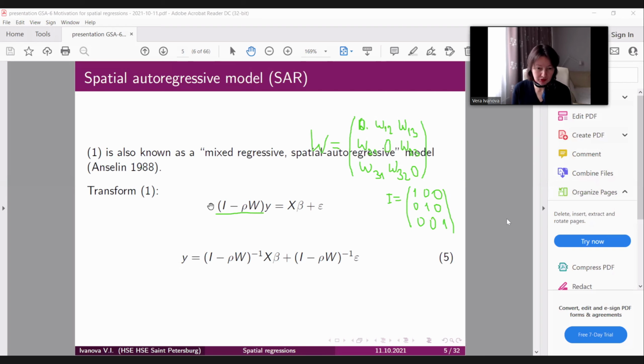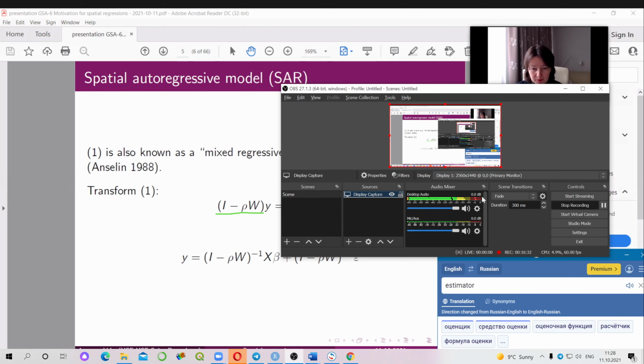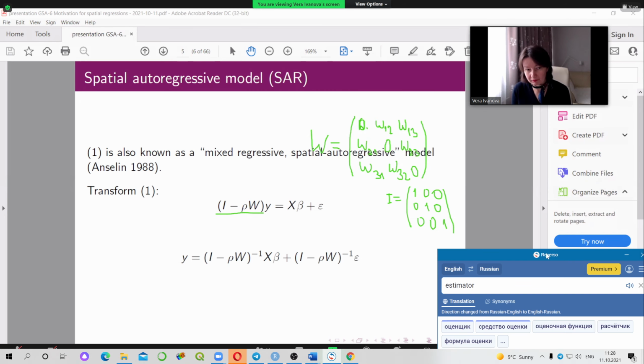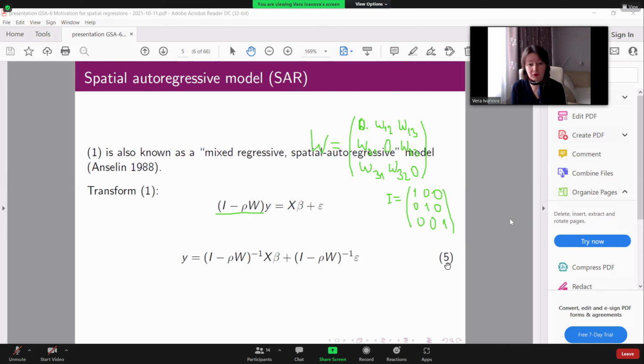The multiplication is from the left-hand side, multiplied this term, we get the dependent variable. Then we multiply this term and this term. After that, we get the equation 5, which is another form of the spatial autoregressive model.